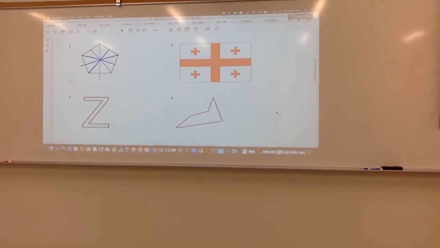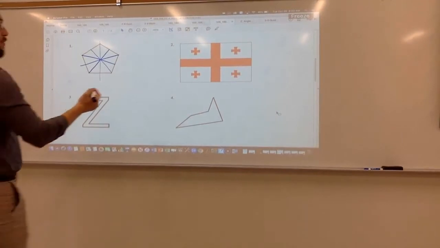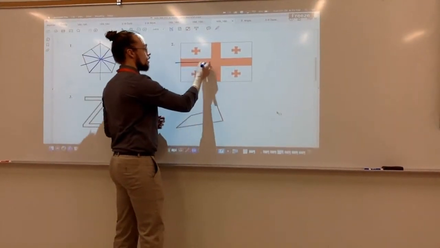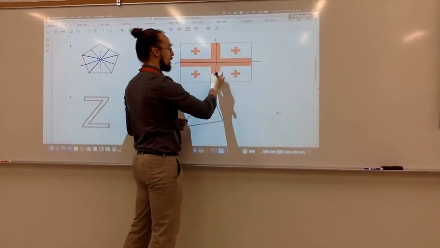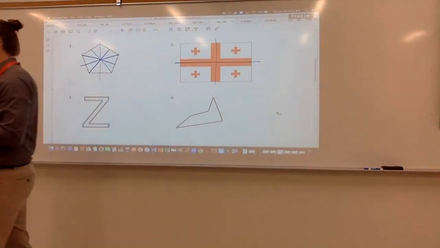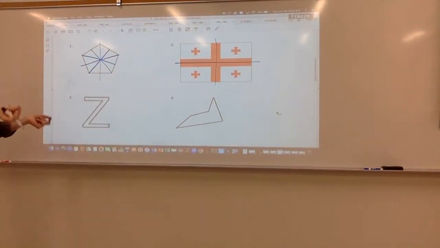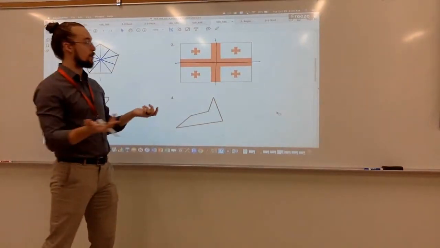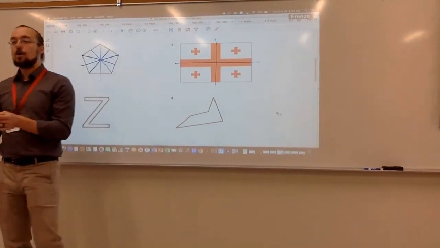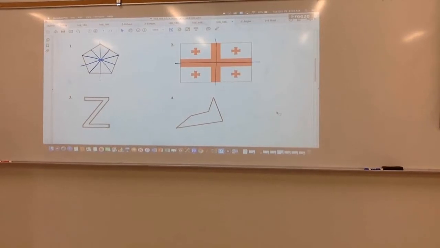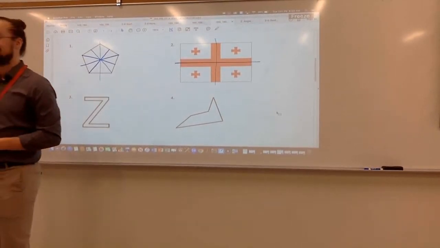I can fold it like that though. No, it won't line up nicely. So the only 2 lines of reflection for number 2 are going to be like this. If it's tough to visualize, take a piece of paper and fold it corner to corner. A piece of paper is a rectangle, so if you fold a piece of paper corner to corner, it's not going to match up.